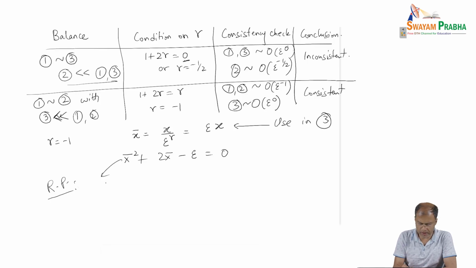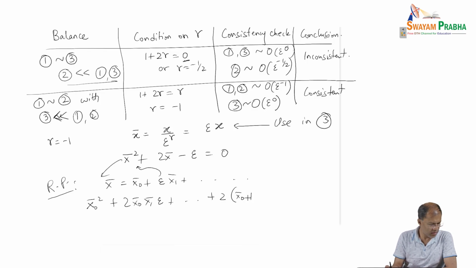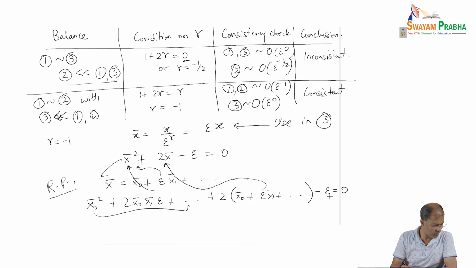So we can assume that x bar is x0 plus epsilon x1 and so on, and if we plug this in, we see that x bar square is x0 square plus 2 x0 x1 epsilon and so on, plus 2 times x0 plus epsilon x1 and so on. This is the substitution of x bar square, and minus epsilon, this is equal to 0.